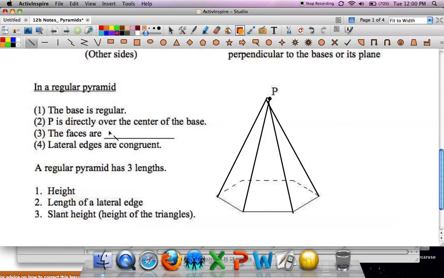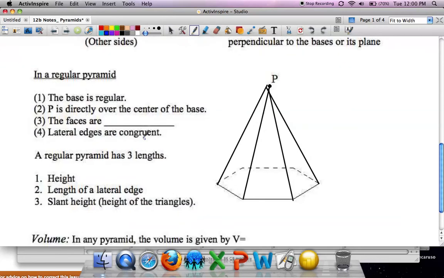Well, they're triangles, and they're particularly isosceles triangles. The lateral edges of a regular pyramid are congruent.